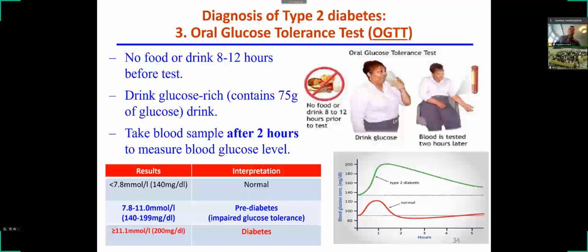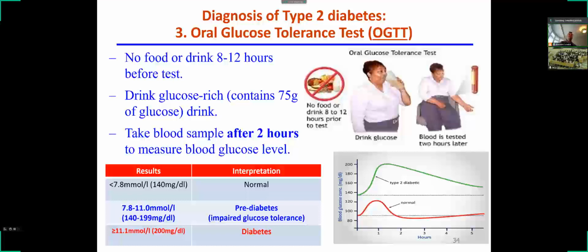Green here would be blood glucose concentration levels after that glucose intake for the OGTT. You can see for a type 2 diabetic at 1 hour, it looks kind of similar, but at 2 hours, it's still quite elevated.